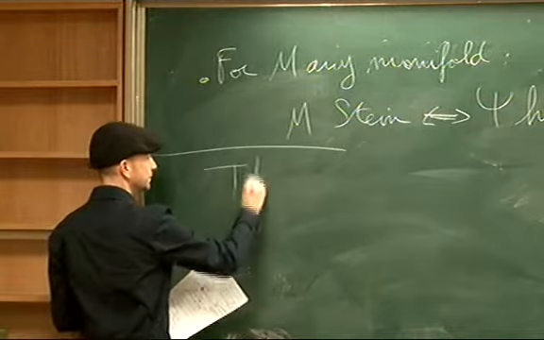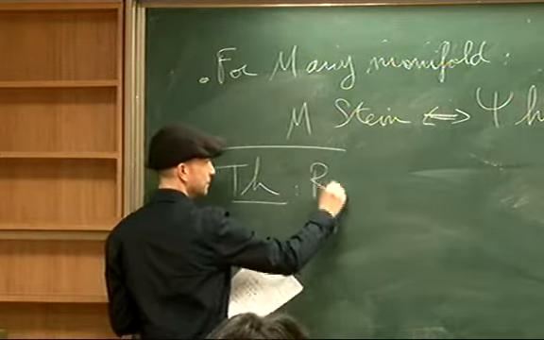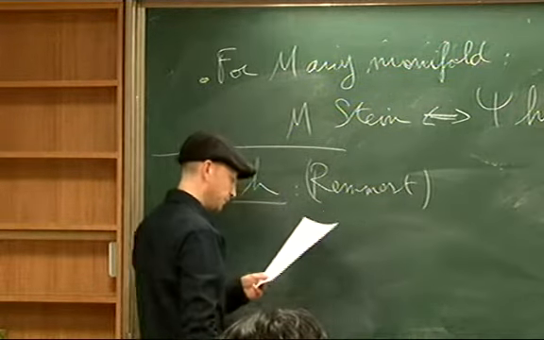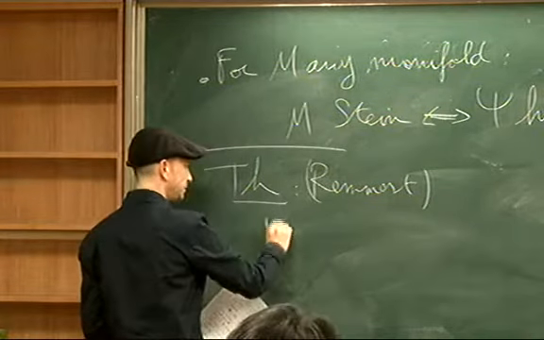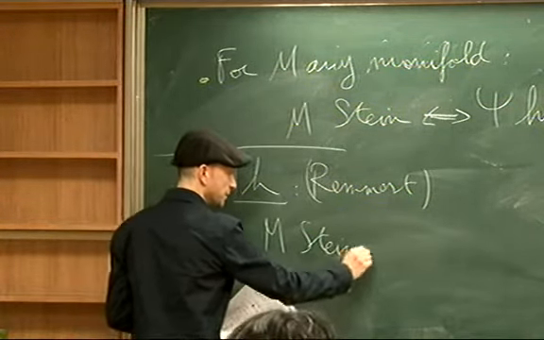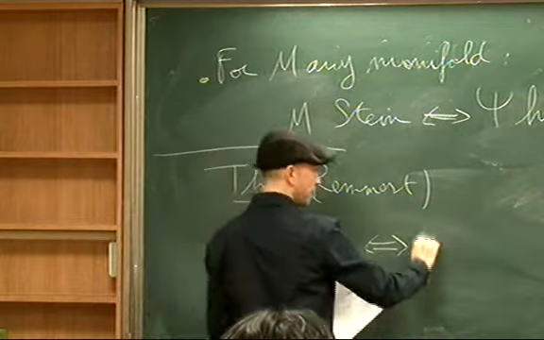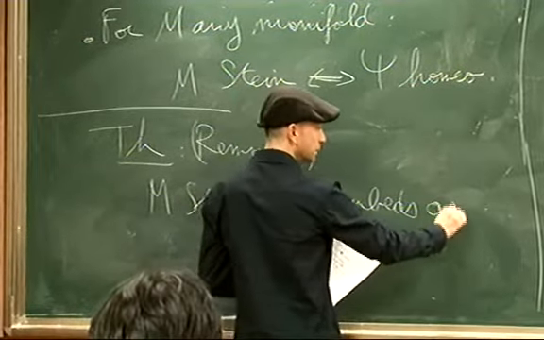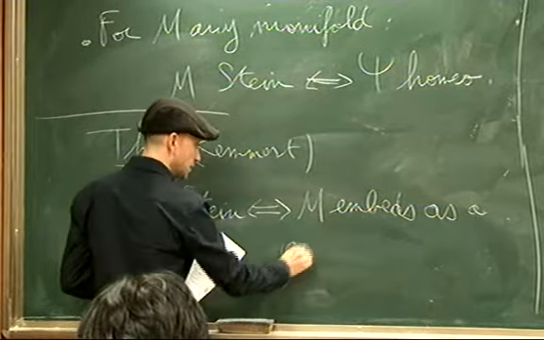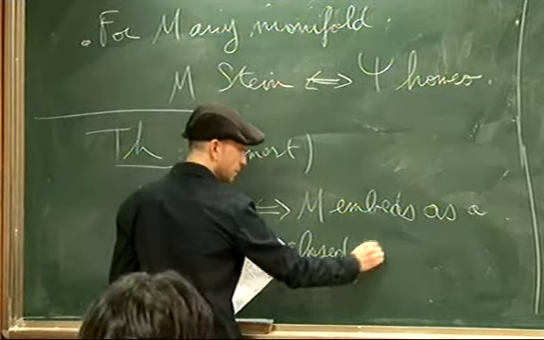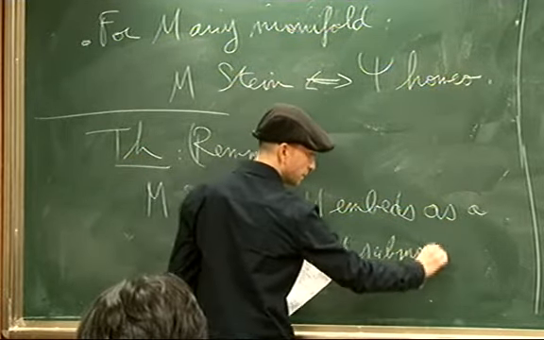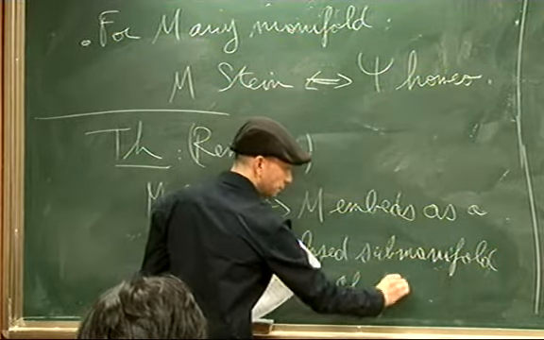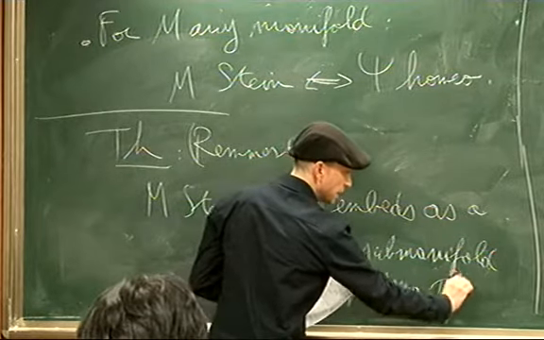It's a theorem that is due to Remmert and says that M is Stein if and only if it embeds holomorphically as a closed submanifold of some C^N.